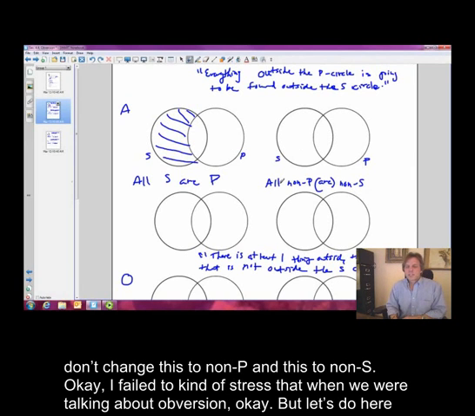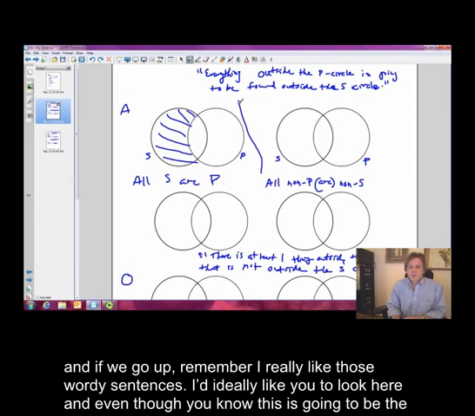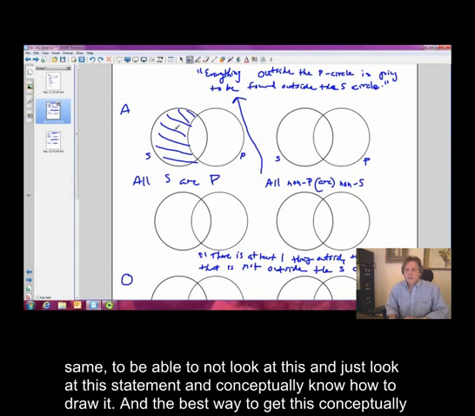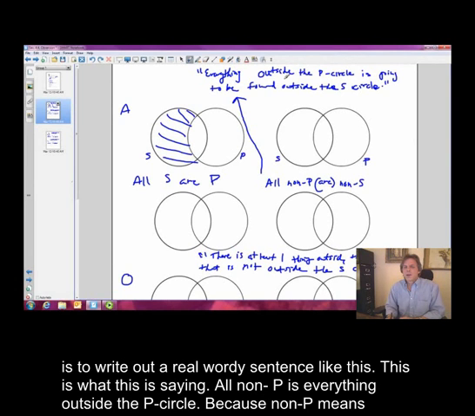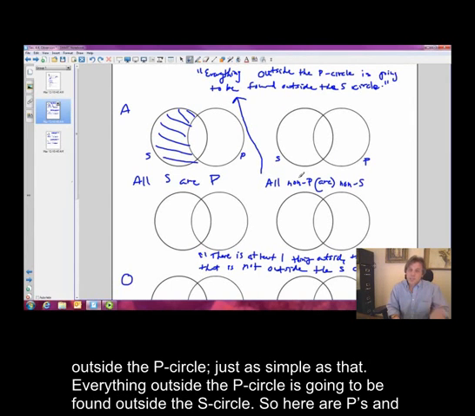Okay, but let's do here, and if we go up, remember, I really like those wordy sentences. I'd ideally like you to look here, and even though you know this is going to be the same, to be able to look at this statement and conceptually know how to draw it. And the best way to get this conceptually is to write out a real wordy sentence like this. This is what this is saying: all non-P is everything outside the P circle, because non-P means outside the P circle. Just as simple as that.